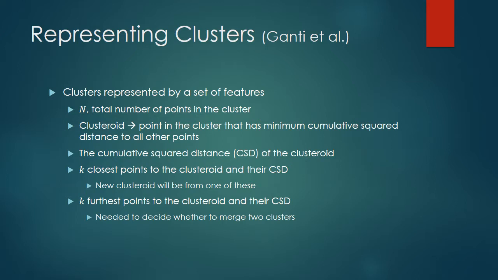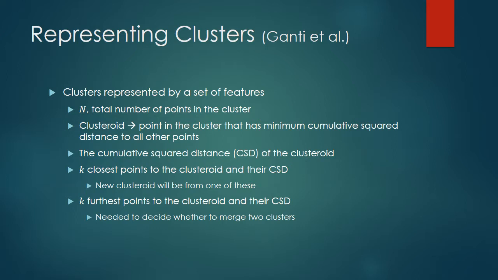Intuitively, as I add new points, the clusteroid itself might change, right? If I'm adding new points, the point which minimizes the square distance to everybody else might change. So the first part, the k closest points, is needed to update my clusteroid, the center of the cluster, so to say.